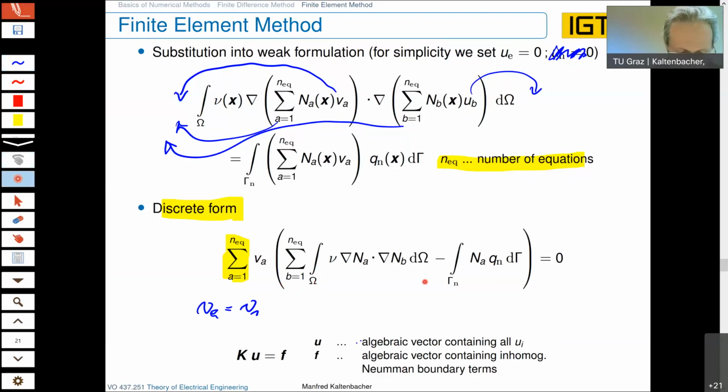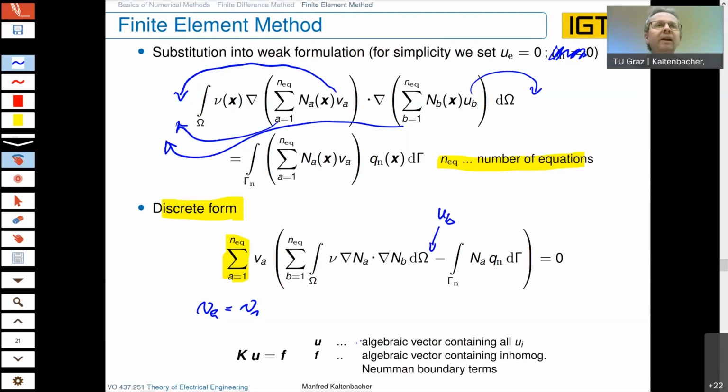Oh, something is missing here. Terrible. Here my unknowns are missing, UA. Ah, not UA, UP. UP.